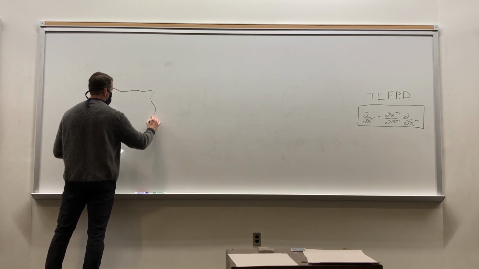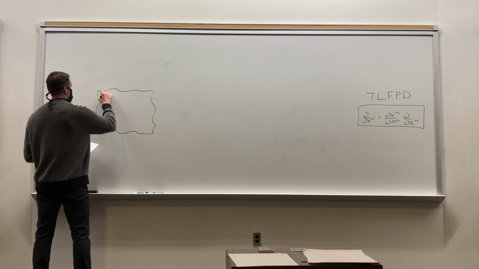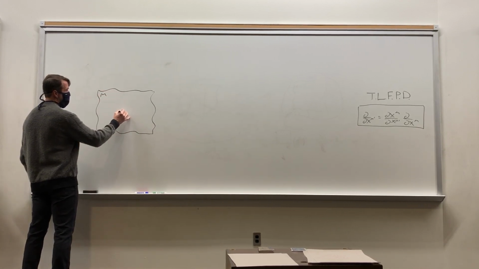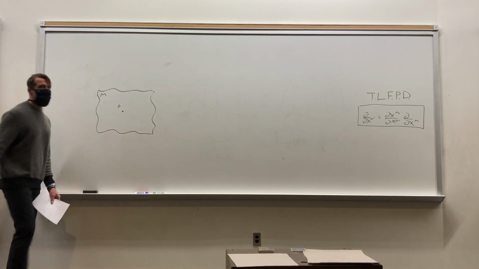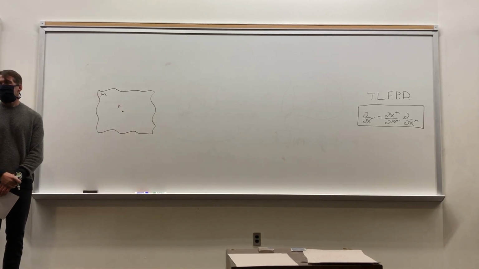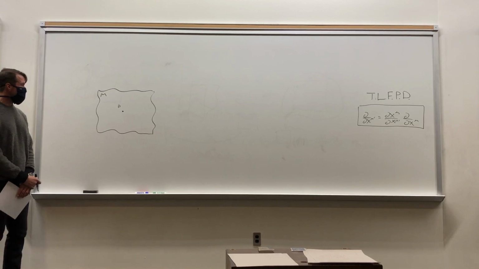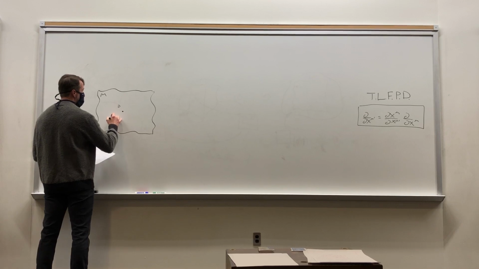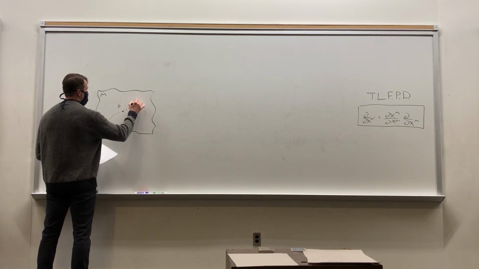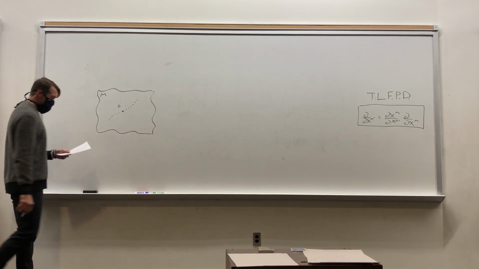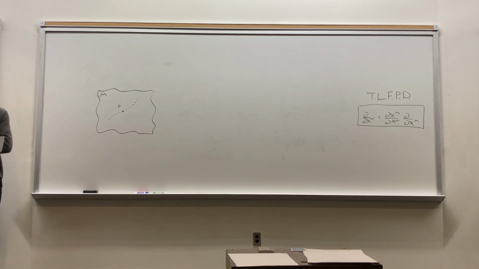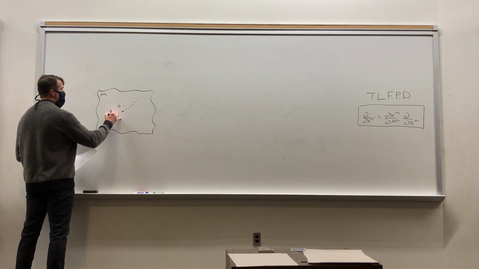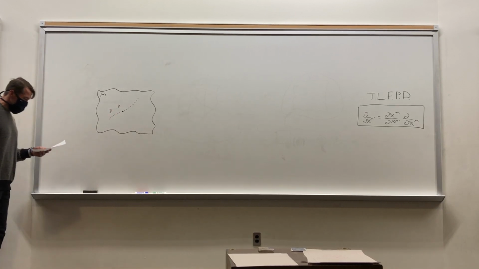So let's take our manifold M, and let's consider a point in the manifold which I shall call P. Then what we're going to consider is a path through the manifold which passes through the point P. And this path is going to be accompanied by a map we call gamma.